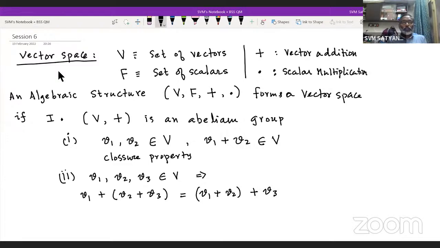That means the order in which you are adding is not important. So this property is called the associative property.